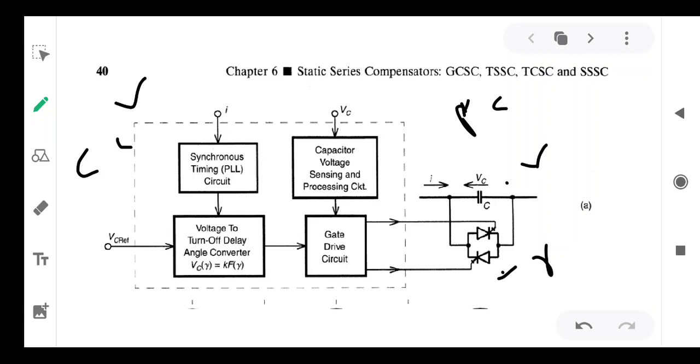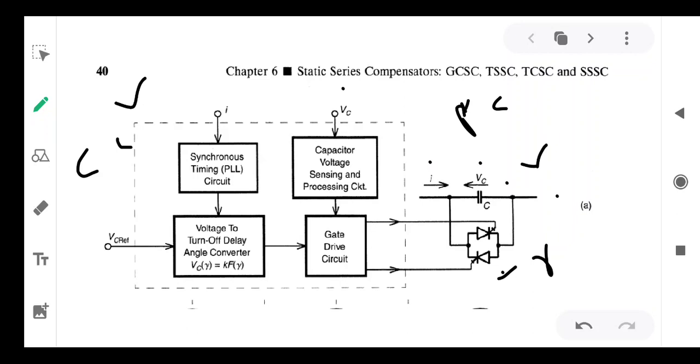So this power circuit of the GCSC is connected in series with the transmission line, in which the current flowing is I through the transmission line. VC is the voltage across the capacitance. These two are the required signals for us.